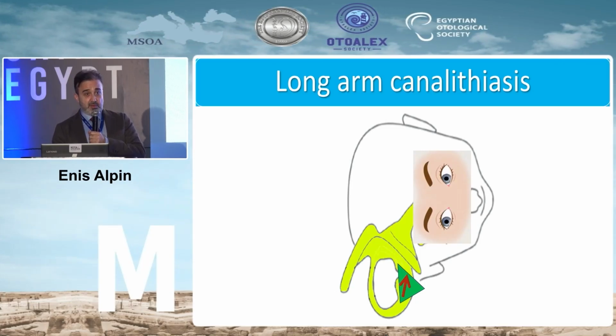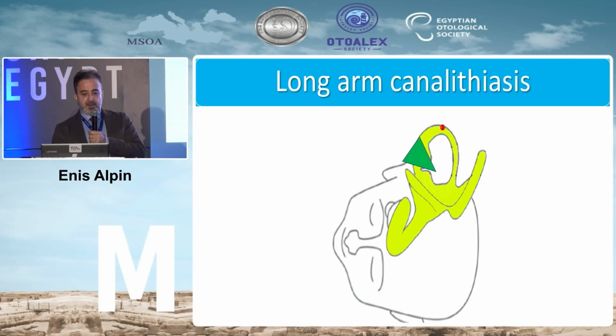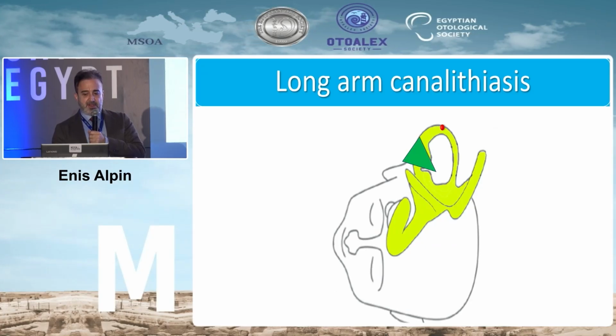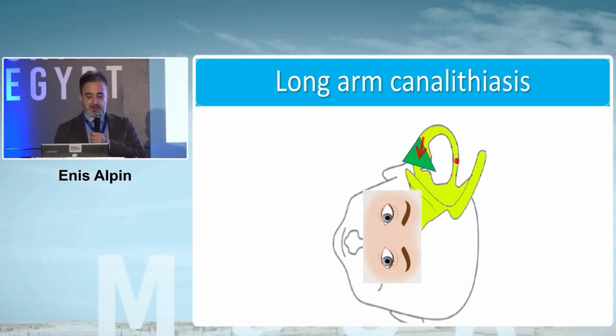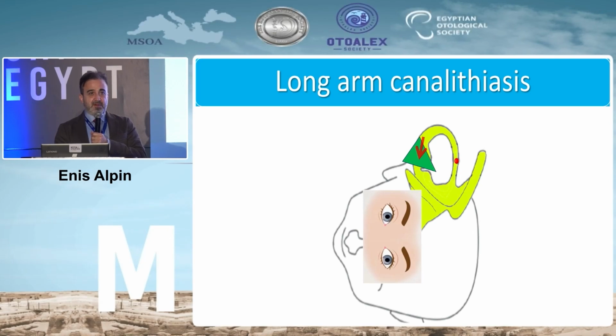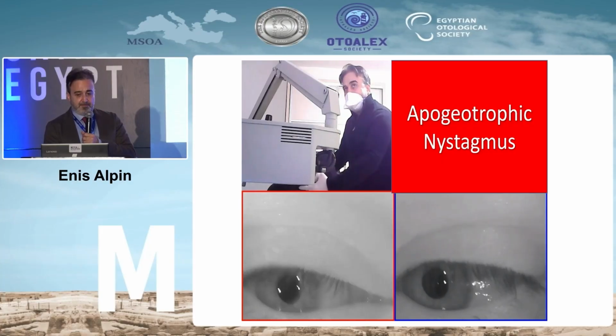And this is the strongest side. And when the head is rotated to the other side, in which case the sick ear is upwards, the flow of endolymph causes an inhibitory flow, which makes the eye have a slower geotropic nystagmus. So we can decide, according to Ewald's law, which side is sick.